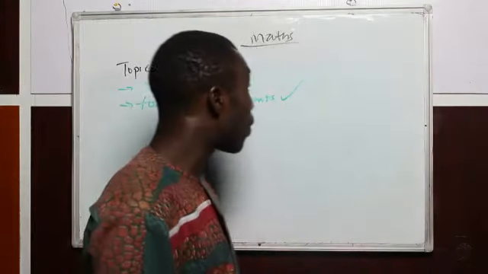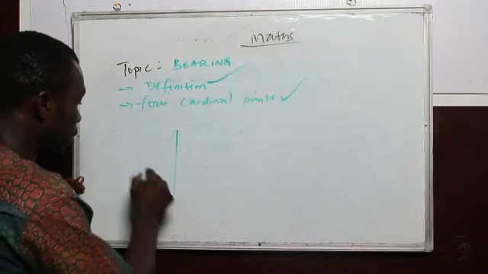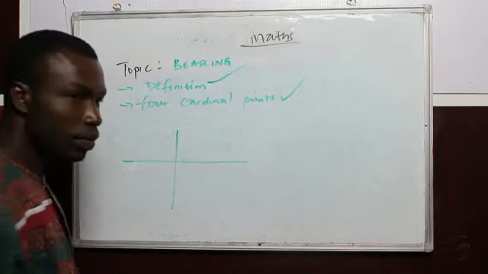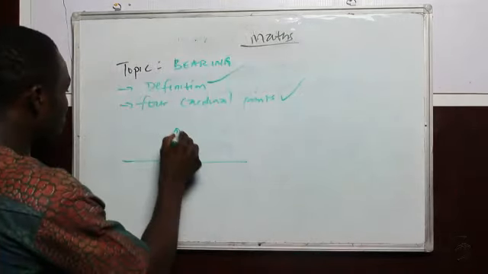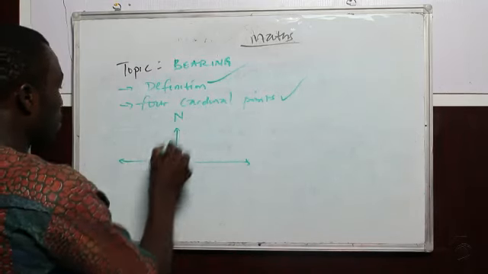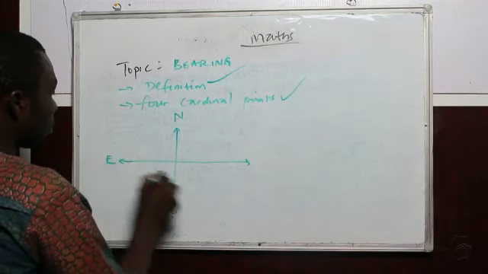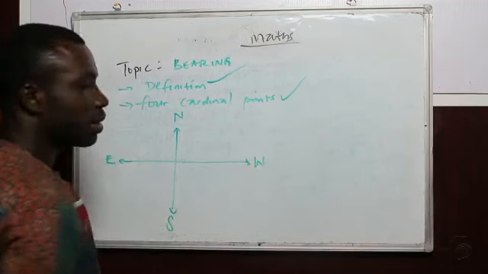The diagram of the 4 cardinal points is this. North, south, east, and west.